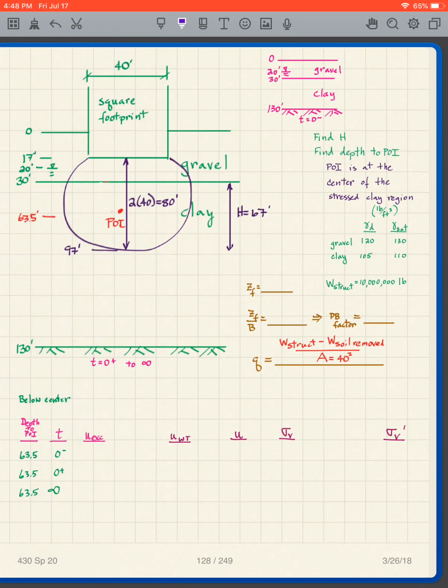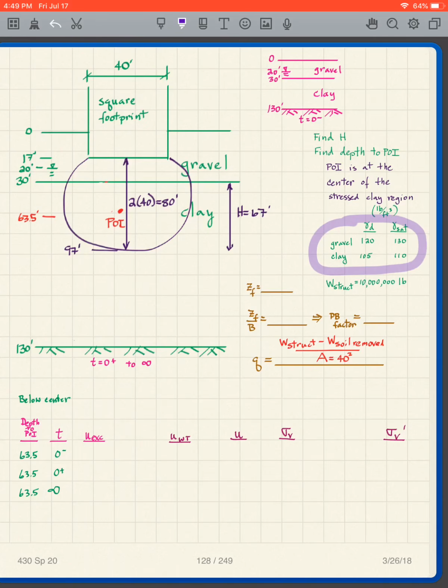So we just went through this, and now we're going to look at this in more detail, and I want to figure out. Eventually, we're going to. Well, let's start with these are the soil properties. So everything else has been given: the gravel and the clay.